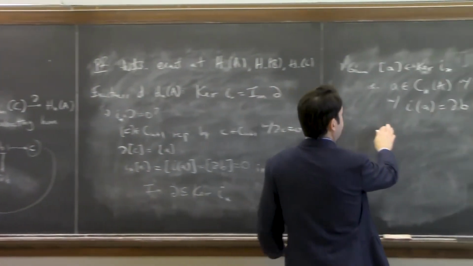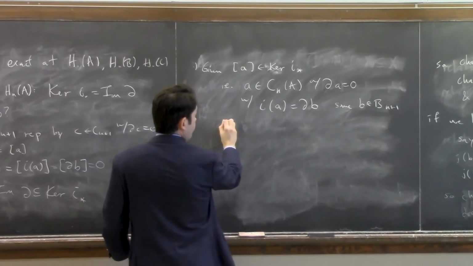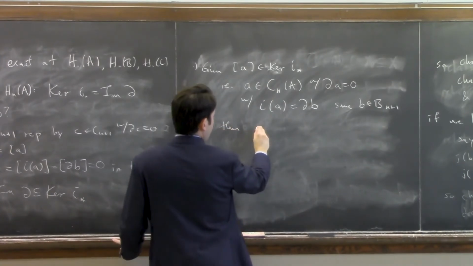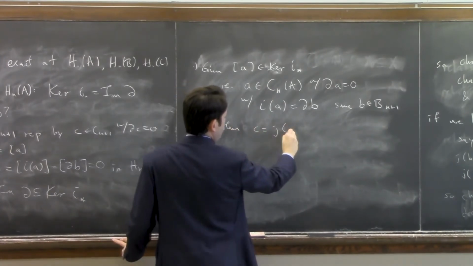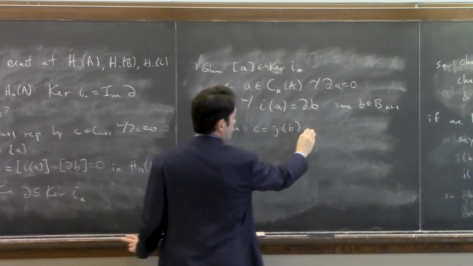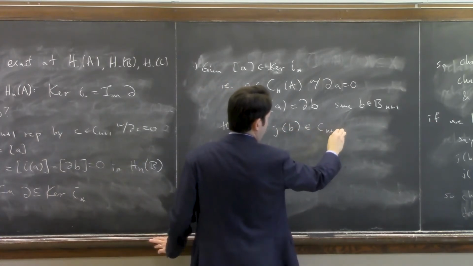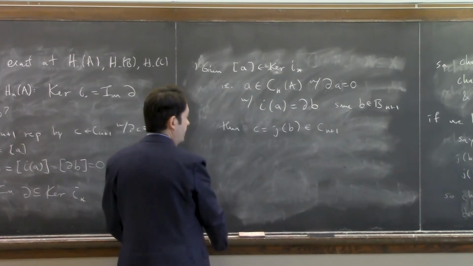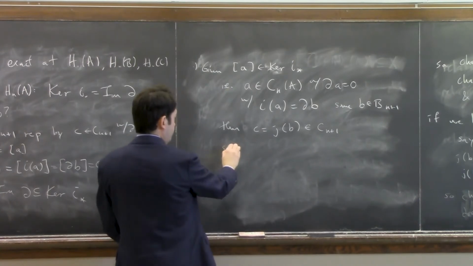So then C equal to J of B is in C_{n+1}. Let's check that this is a cycle.